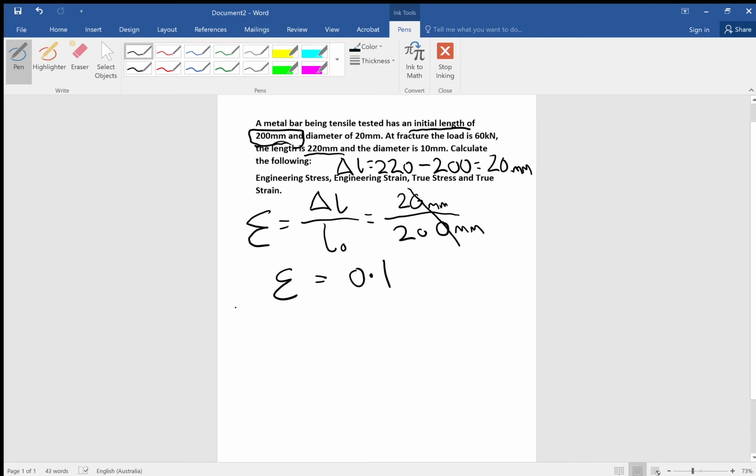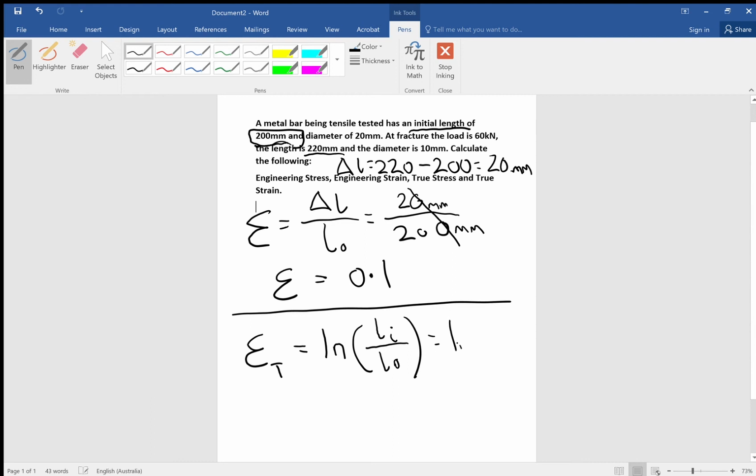And now all we have to do is work out our true strain. That formula is a little bit harder, okay? So that formula is equal to the natural logarithm, ln on your calculator, and then you take your length at the instant that it breaks over L0, which is the unstretched length, okay?